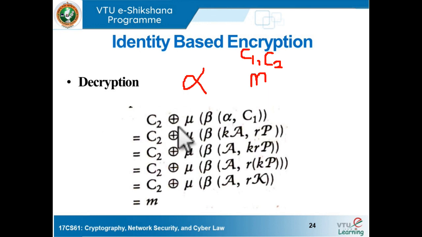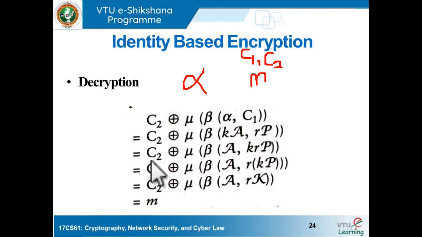C2 XORed with mu B, and alpha is used in order to retrieve the message M. Along with that, we use C1. Now let's see what alpha refers to. Alpha refers to Ka. Now we will replace this alpha with Ka, and then C1 is obtained by Rp. Now we'll replace this with R and P.